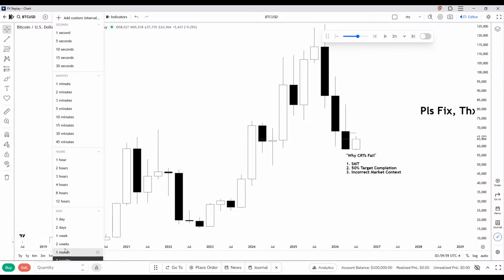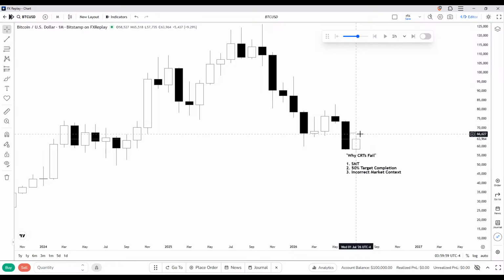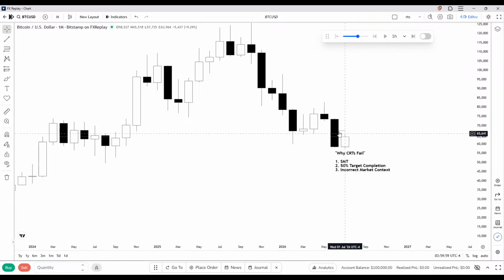On the monthly chart, after this month closes, which I'm pretty sure will be fairly lower, we'll have a bearish fair value gap forming on the monthly.